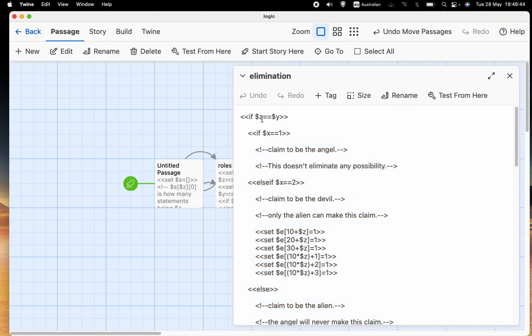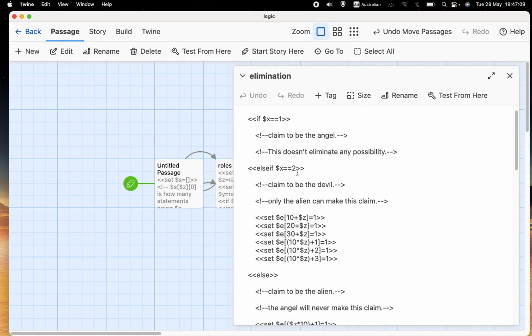So if Z equals Y and X is 1, that is an I am the angel claim. And if the claim is I am the angel, that doesn't eliminate any possibility, because the angel will truthfully claim it, and the devil can falsely claim it, and the alien can also falsely claim it. So that doesn't tell you anything. A claim I am the angel is actually just a nothing claim.